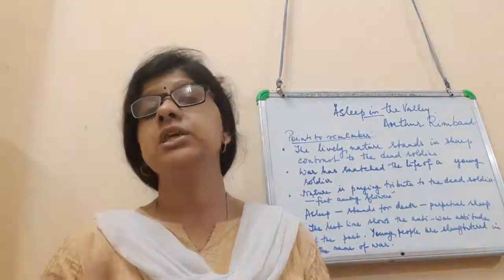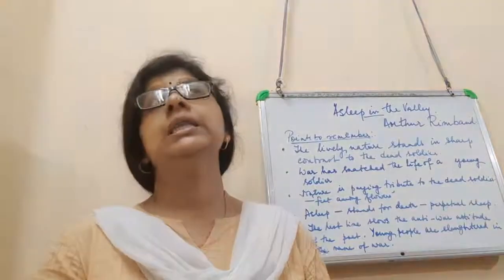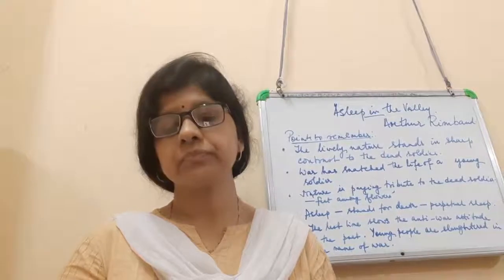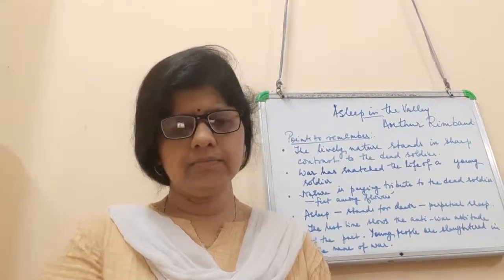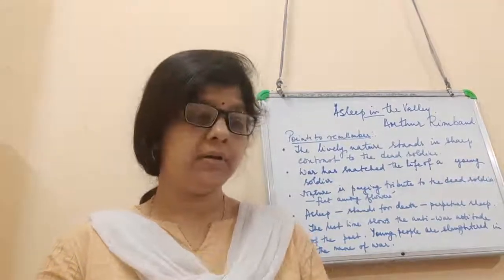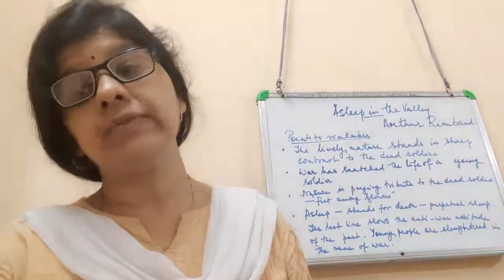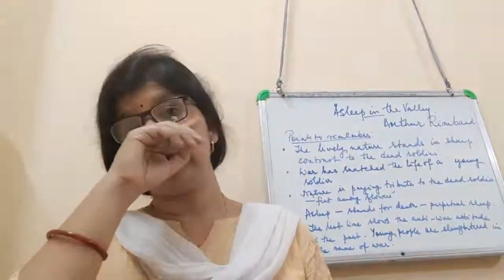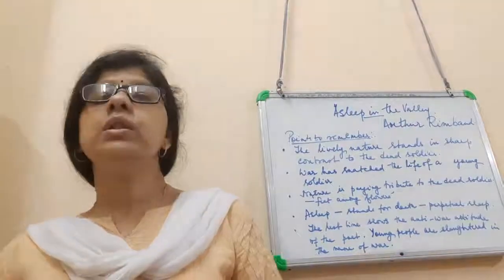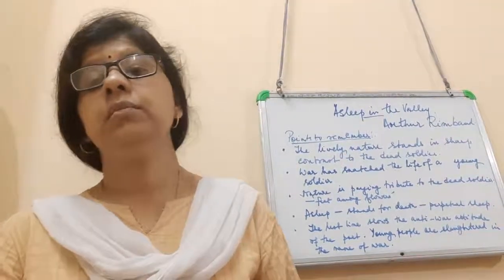Justify the title, Asleep in the Valley, the two contrasting images, then the theme of the poem, and also the description of the valley. Sometimes it comes as only the description of the valley, and sometimes the description of the valley and also the description of the soldier. So all these are quite important for this particular poem.